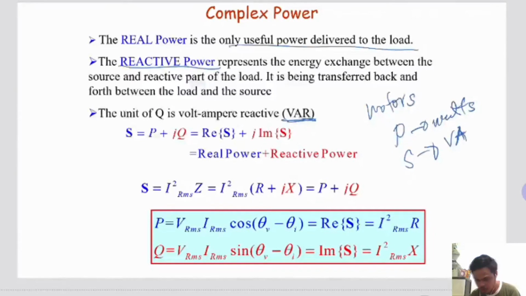So this is the other equation for P and Q. P is equivalent to I squared RMS times R, and for Q you have I squared RMS times the reactance.